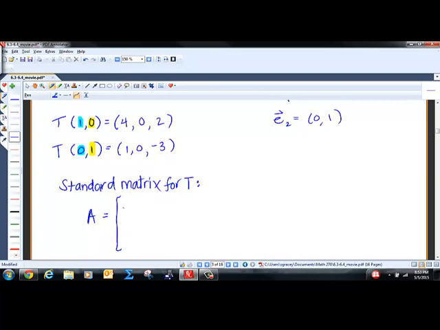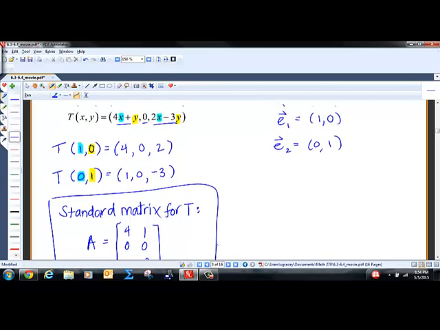Because remember, this is like our A11, our A21, our A31. So here we go. We would have 4, 0, 2, and then 1, 0, negative 3. And that is the standard matrix for the linear transformation that was defined up here.